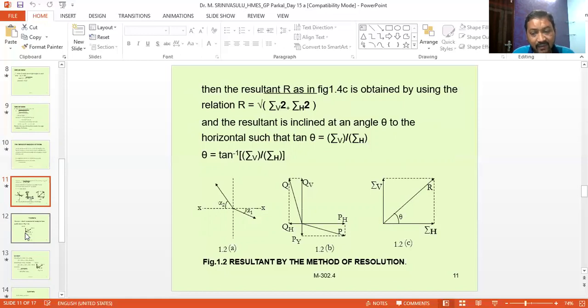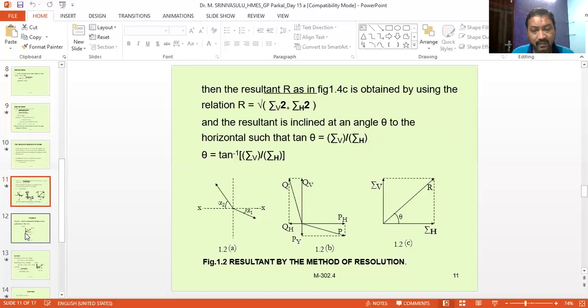Coming to the force Q, the horizontal component is QH, which is equal to Q cos alpha 2. That acts along the x-axis leftwards, in the negative x direction, so it is taken as a minus value. So the horizontal component of Q is minus QH.